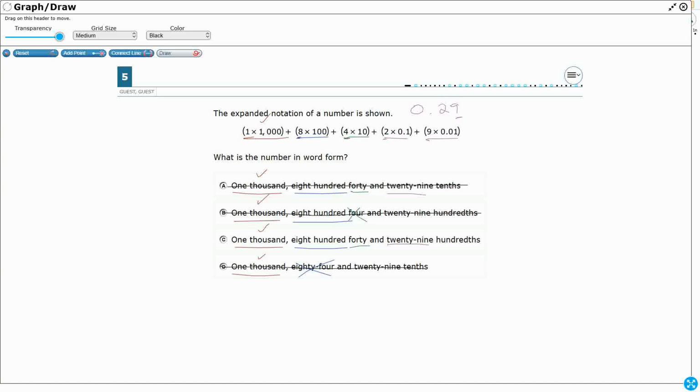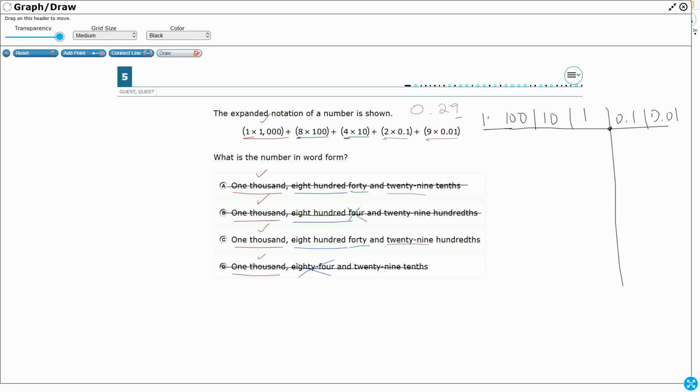Now that's one way to do it. What if we made a place value chart? We can make a place value chart and we can kind of build our number like this. And let's put our hundredths. Let's put our tenths. This is going to be our decimal place right here. 1, 10, 100.